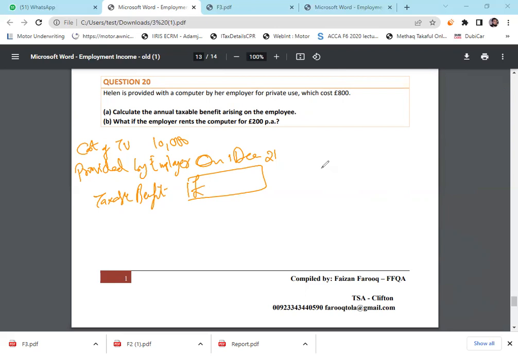But how to do it? So would it be 10,000 into 20%? That is 2,000. Into how many months? 4 months, because the tax year is relevant.